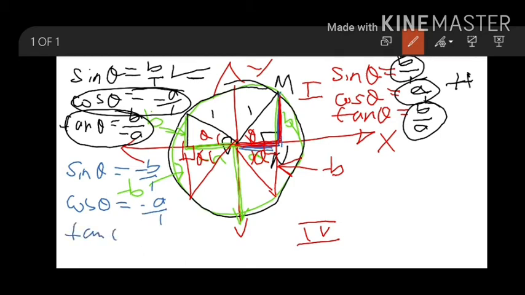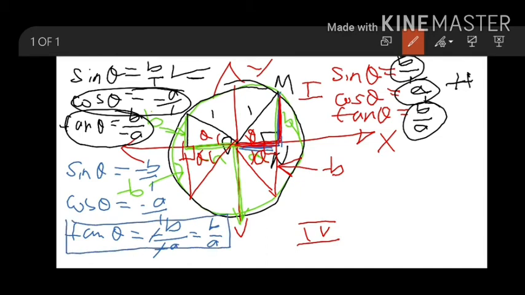Tan theta is opposite by base, minus B by minus A. So minus minus gets cancelled, giving B by A. Yes, now we've got it: tan theta is positive in the third quadrant. That means the inverse of tan theta, cot theta, is also positive. So tan theta and cot theta are positive, and the rest of the four ratios are negative.